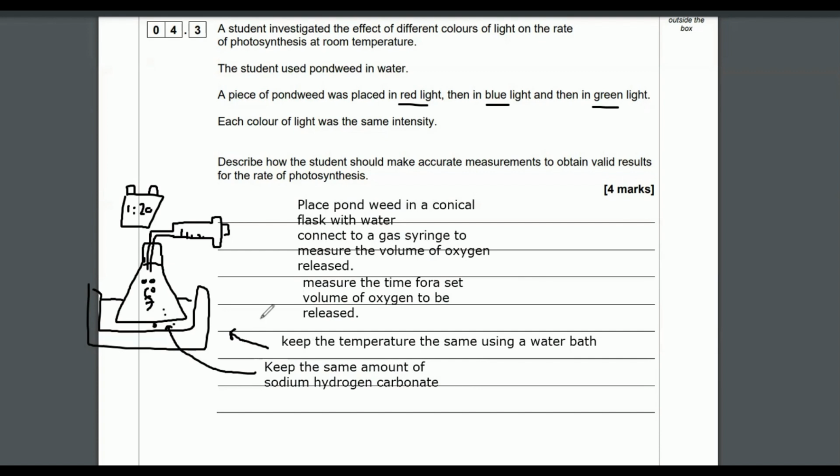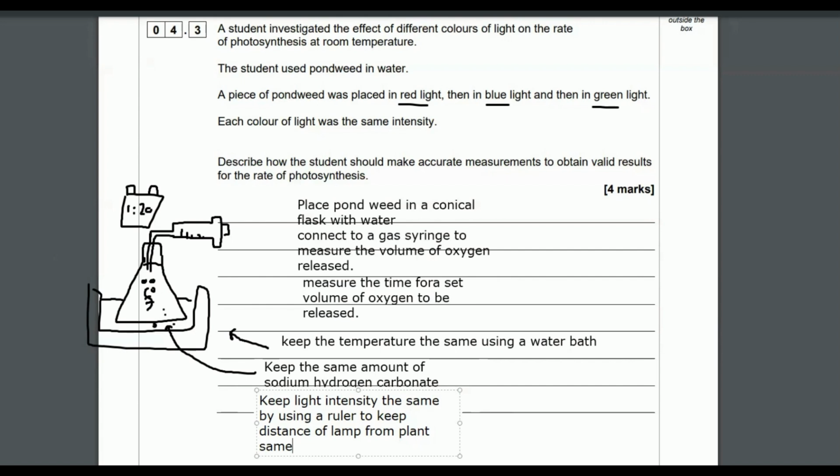That's going to release carbon dioxide and allow the plant to photosynthesize. So they've all got the same amount of CO2. And the next thing is keep light intensity the same by using a ruler to keep the distance of the lamp from the plant the same.